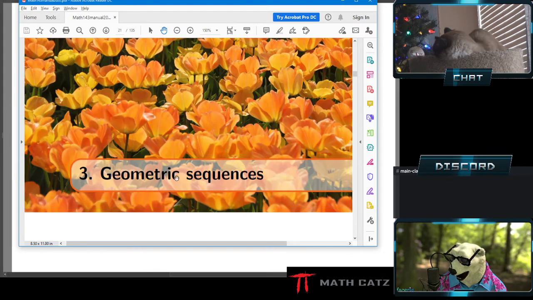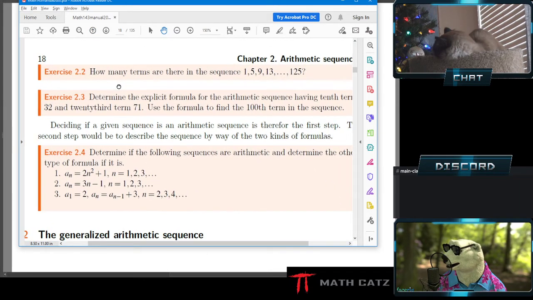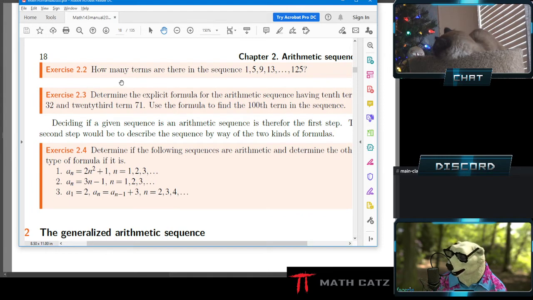Now, if we look all the way back to arithmetic sequences. Oh, here we are. If you remember, and I hope you do, after our initial exploration of the formulas, we stepped it up to answer a couple of types of questions.